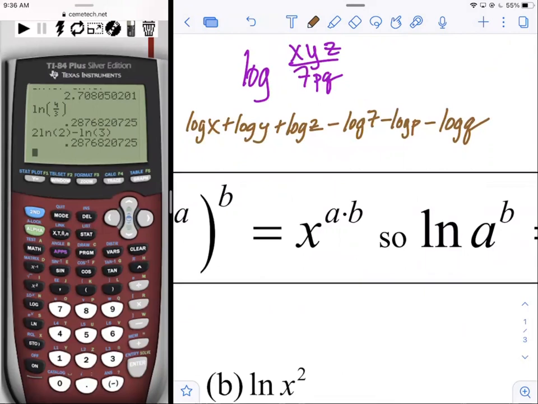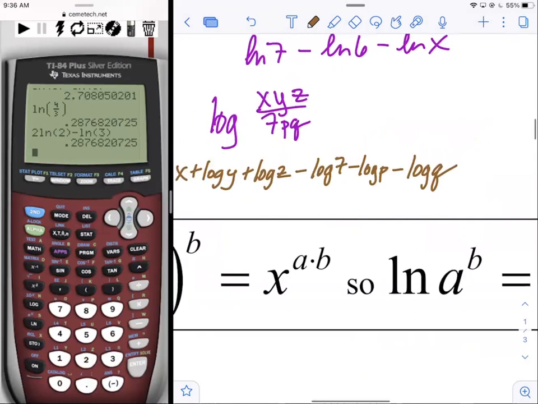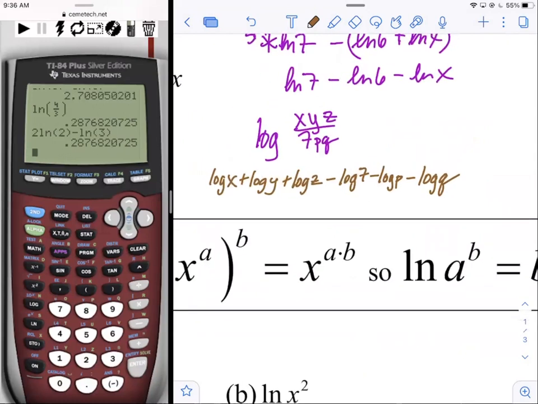And that's expanded. You can read it slightly differently: log of x plus log of y plus log of z minus log of 7. Anyway, that's expanded. So if we can do this in one fell swoop, we'd be good, right?